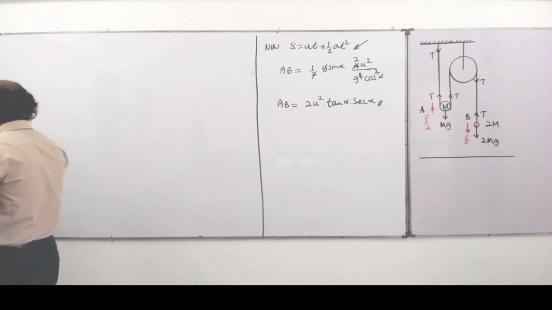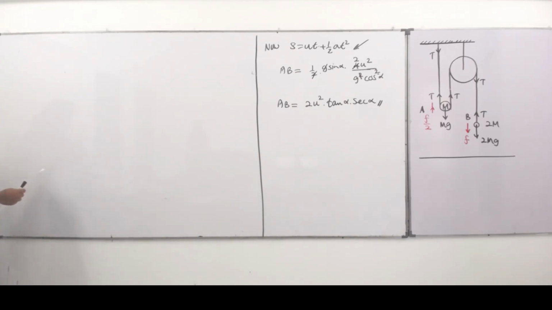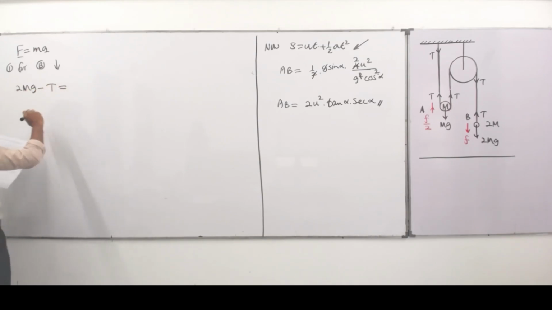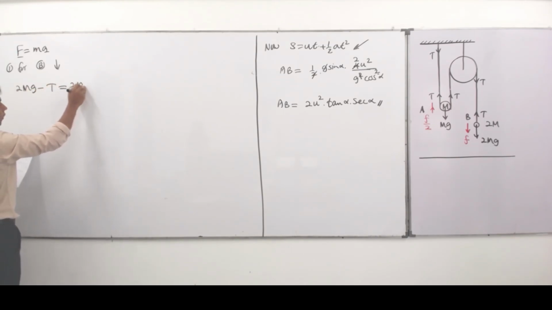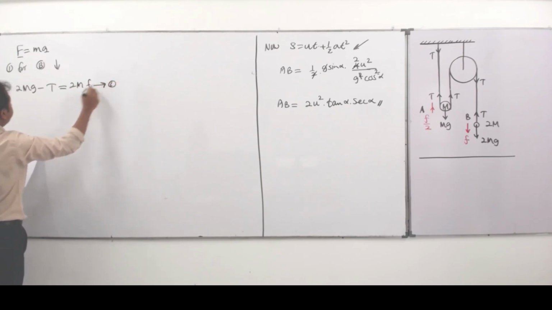Right, now we can apply F equals ma. We can write F equals ma for capital M downwards. It is 2mg minus T equals 2mf, number 1.